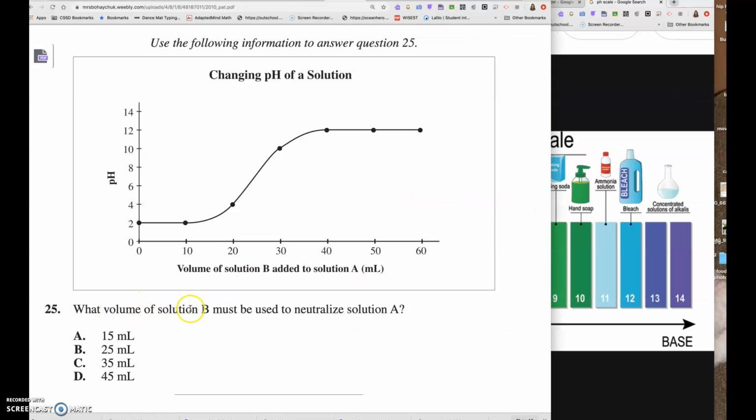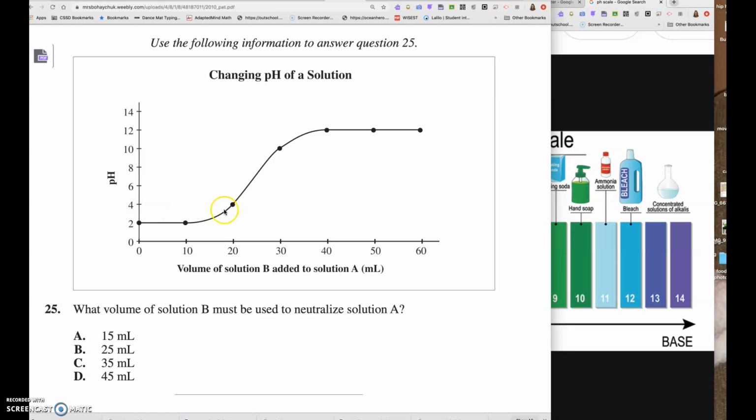So what volume of solution B, so you're pouring one solution into another solution. Your solution started at a pH of 2, so it started acidic. You poured in 10 milliliters of your basic solution, nothing happened, it didn't neutralize. It's still acidic. You add another 10 milliliters, and now it's starting to neutralize a little bit.